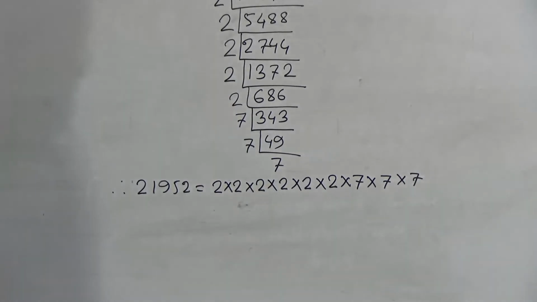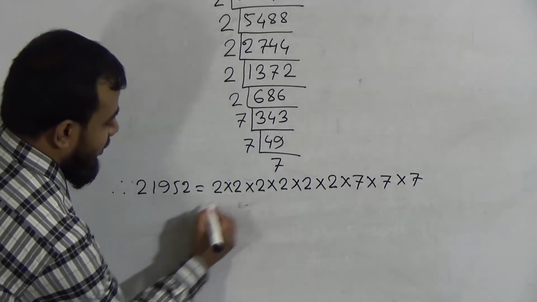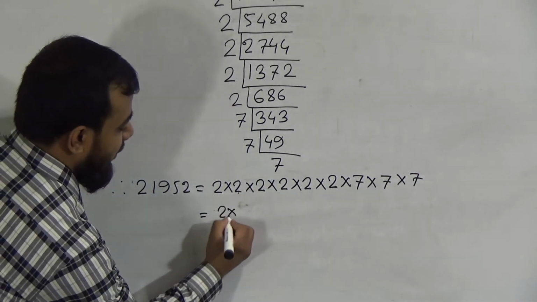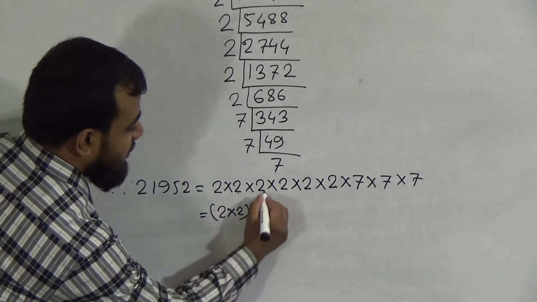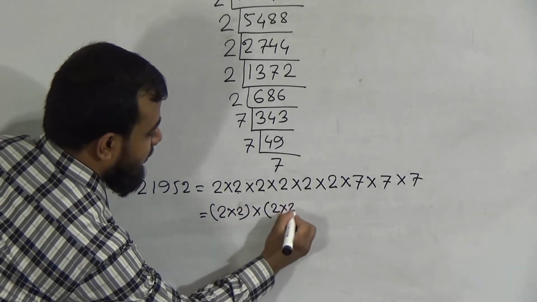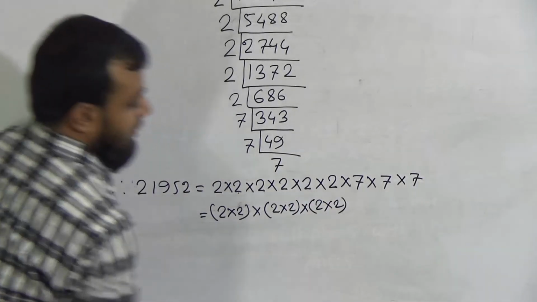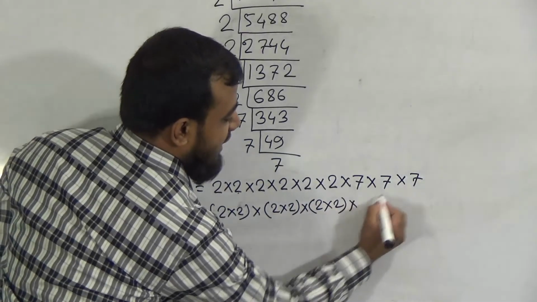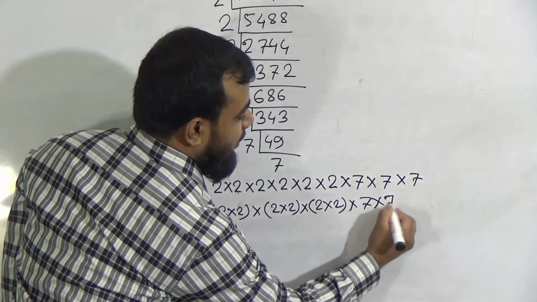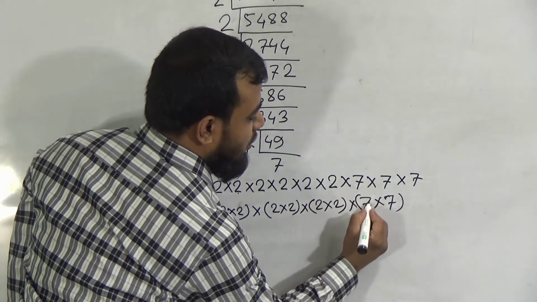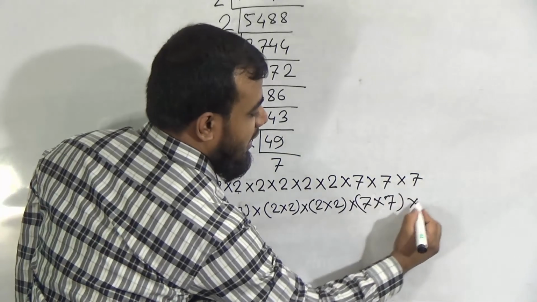Now we should make the pairs of the prime numbers. These two 2's make one pair. Now these two 2's make another pair. The next pair will make this 2 with this 2. Now the next two 7's will make a pair, okay? But my students, look, this last 7 has no pair.